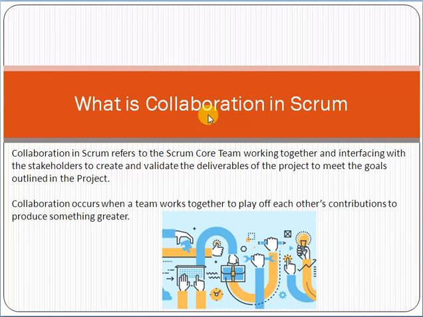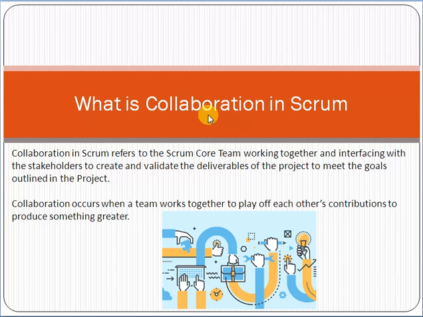Collaboration means working together and giving inputs so that you can produce great work, give a great success story, and implement a project successfully. So this is the approach of collaboration in a Scrum: working together, giving inputs, and producing a great amount of work, or a success story.